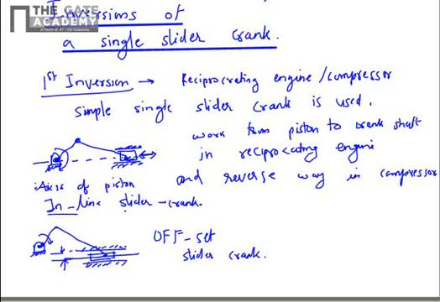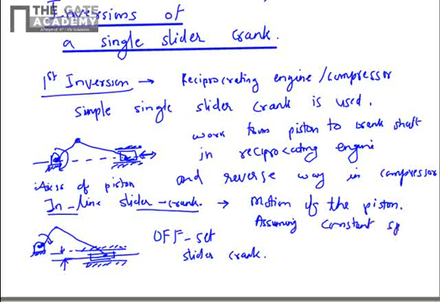The motion of an inline slider crank mechanism, if you consider the motion of the piston depending on the motion of the crank, assuming constant speed of rotation of crank, motion of the piston is sinusoidal.